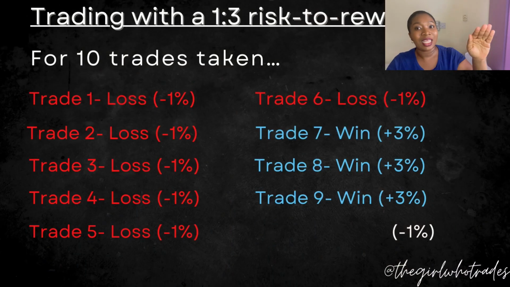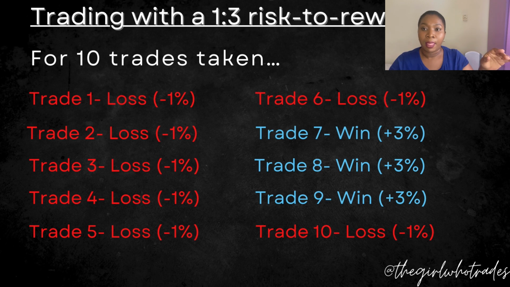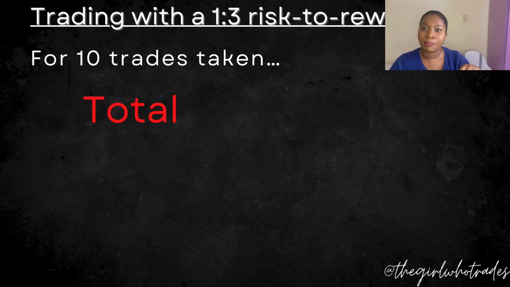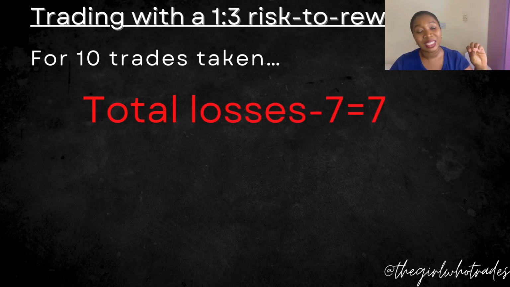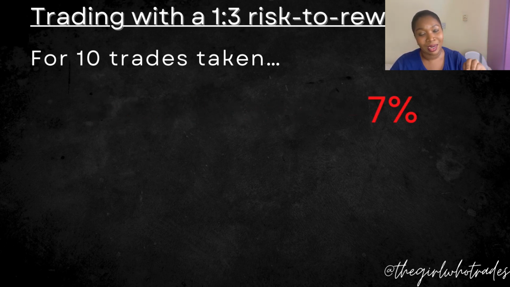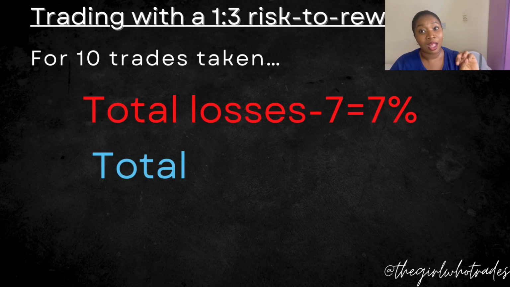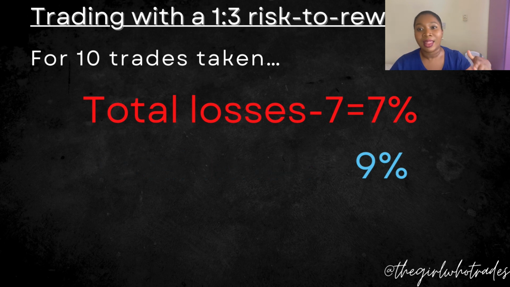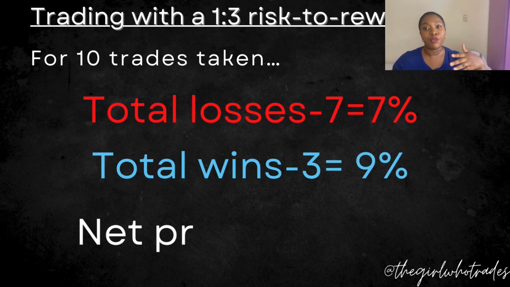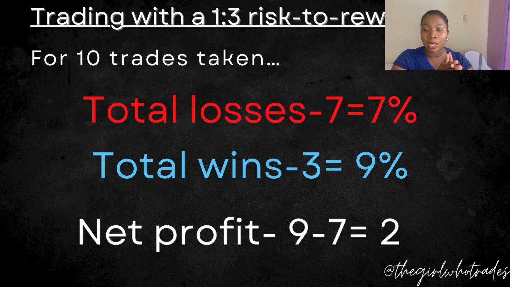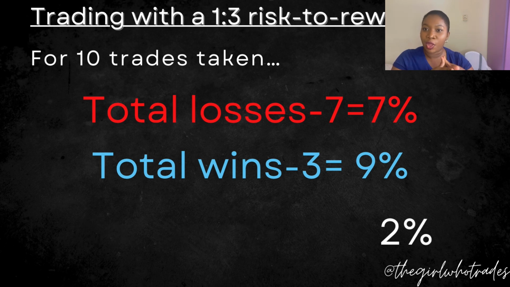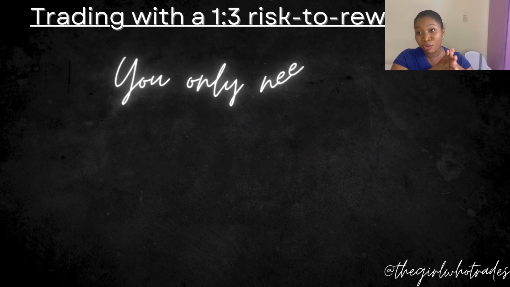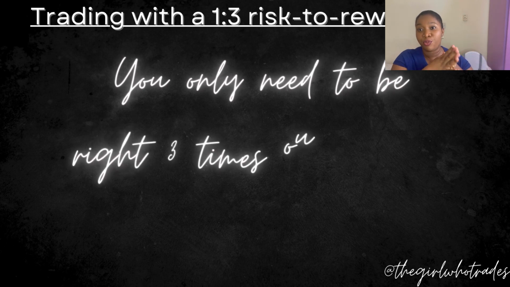So I'm inserting this snippet. As you can see here, if you're trading with a risk to reward ratio of 1:3, that means that if you lose 7 trades out of 10 and only win 3 trades out of the 10, that is a confirmed 1:3 risk to reward ratio. If you risk 1% of your account on every trade, and the trade goes in your favor, you're going to get 3%.